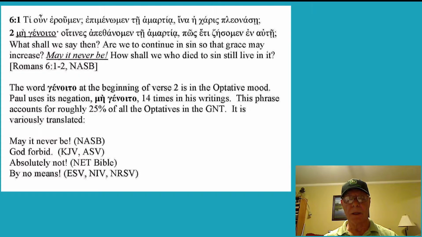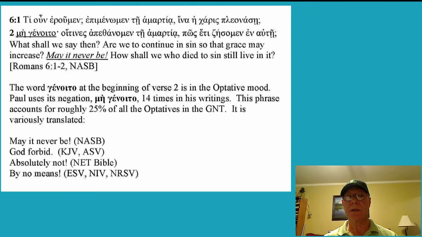The verb genoito at the beginning of verse 2 is in the optative mood. Paul uses its negation, mē genoito, 14 times in his writings. This phrase accounts for roughly 25% of all the optatives in the Greek New Testament.